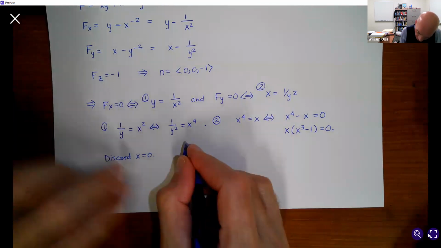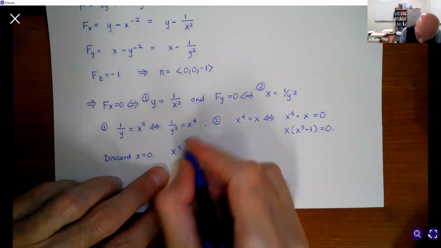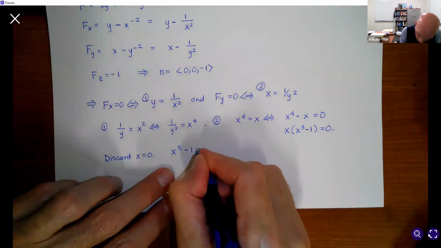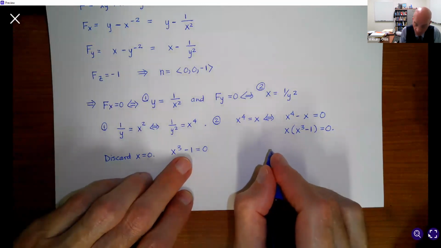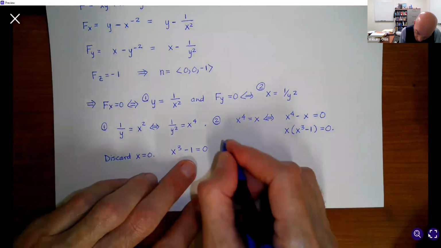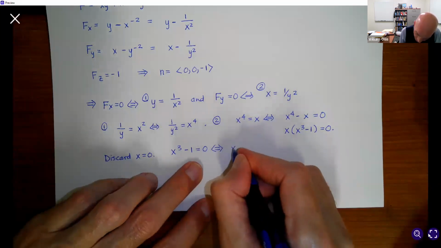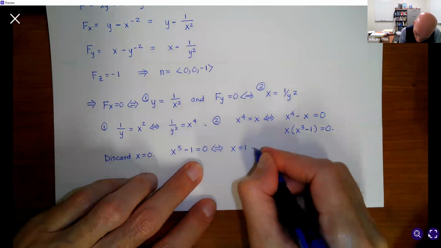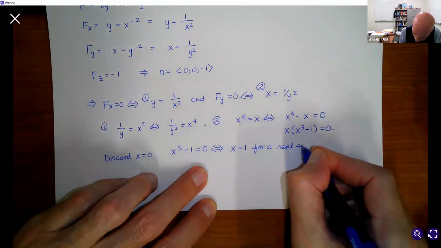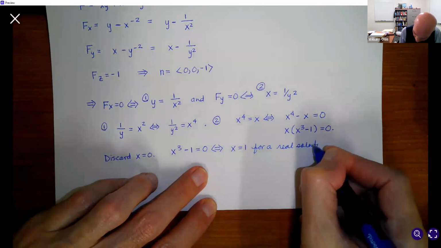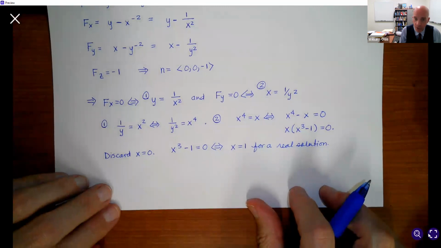So that just leaves x cubed minus 1 equals 0. Of course, that's a difference of 2 cubes, but there's only one real 0, the other 2 being imaginary. So this would imply, or equivalently, x would equal 1 for a real solution. Nothing wrong with the imaginary, but this isn't complex variables.